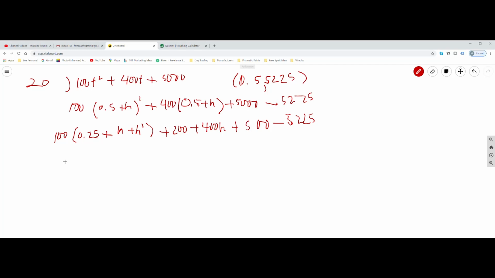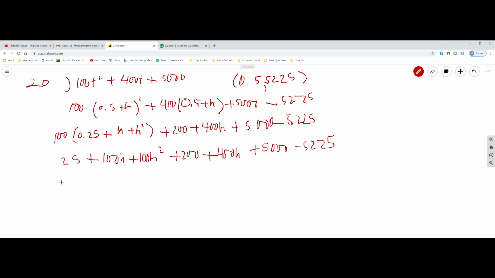Then you have 25 plus 100h plus 100h squared plus 200 plus 400h plus 500. Sorry, it's 5,000 minus 5225. So the numbers all come up to 0.